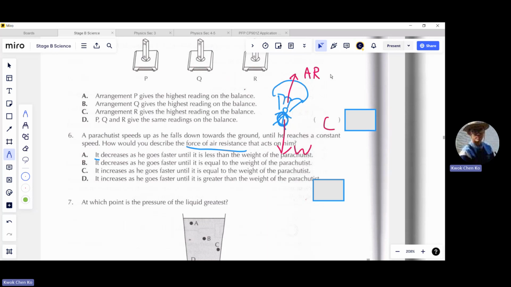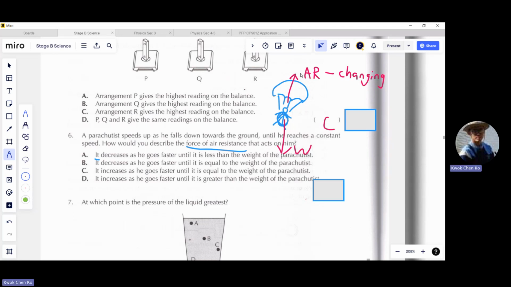Now, important thing. For this case, air resistance is changing. That is why it's so difficult. But is it increasing or decreasing? Is your air resistance increasing or decreasing with time?